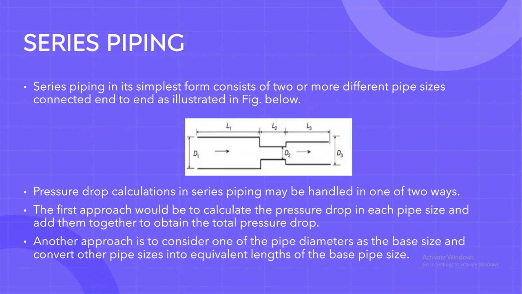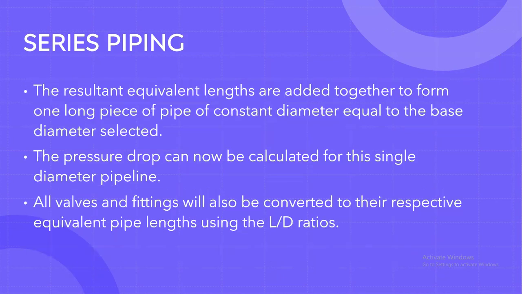It's tedious. Another approach is to consider one of the pipe diameters as the base size and convert other pipe sizes into equivalent lengths of the base pipe size. So the calculation becomes less complex, or simple.